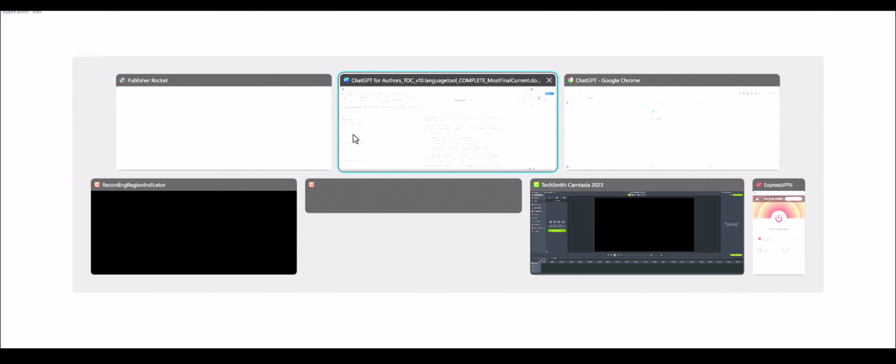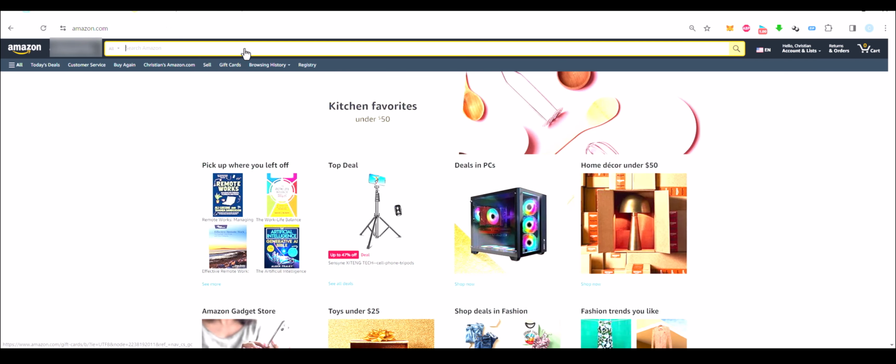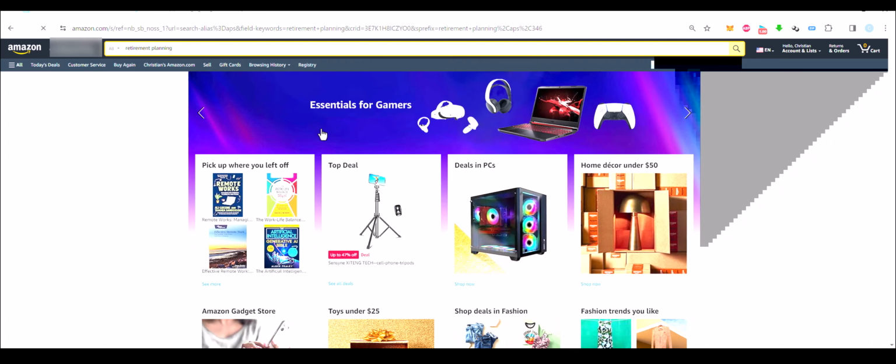But while this is loading, I will go to Amazon and search for retirement planning. By the way, this is also really interesting here. If you type in a keyword, you will get suggestions for keywords that people are actually looking for.